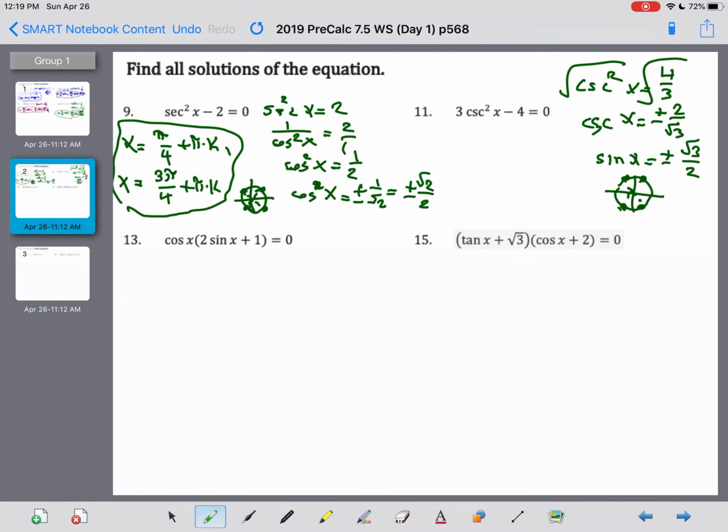So that means if I'm looking here, it's going to be x equals pi over 3 plus, and now since I have one diagonally, I can just say pi times k.